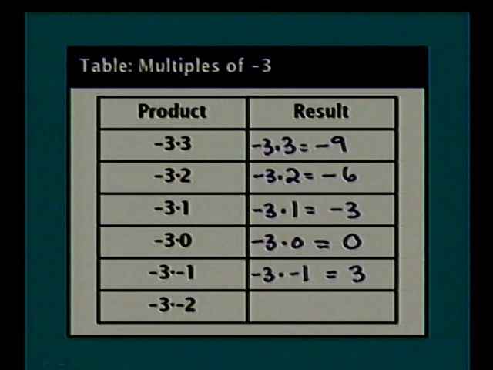Multiplying negative 3 by negative 1 is changing the sign of the number. Let's take this one step further. If I add 3 to 3, I get 6. So when we see this pattern emerge, we see that negative 3 times negative 2 should equal positive 6. So we're looking at the product of two negative numbers, and we're ending up with a positive result.